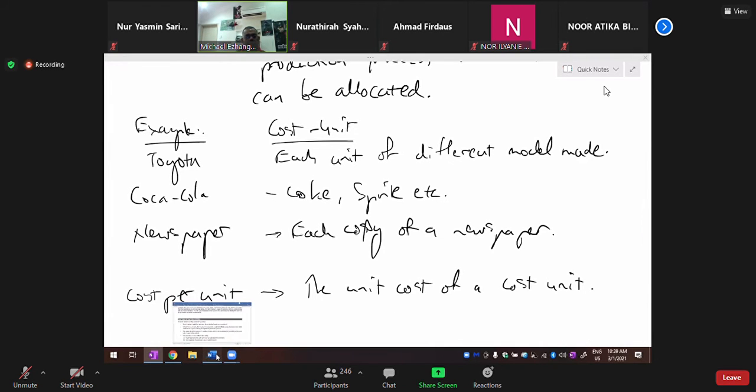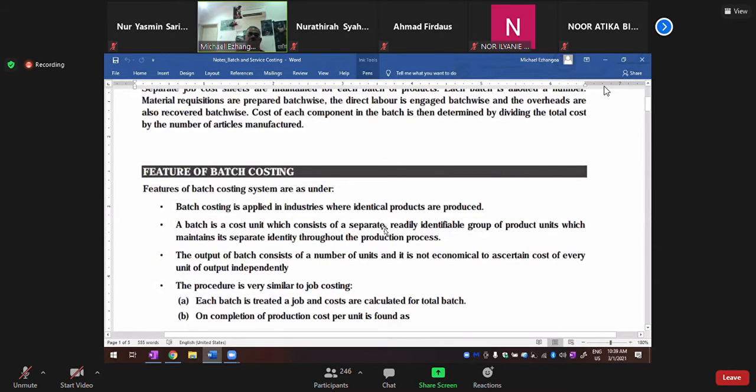Now, if you come back to your note, you will find that it says a batch is a cost unit which consists of separate, readily identifiable group of product units which maintains a separate identity throughout the production process. Can you follow?